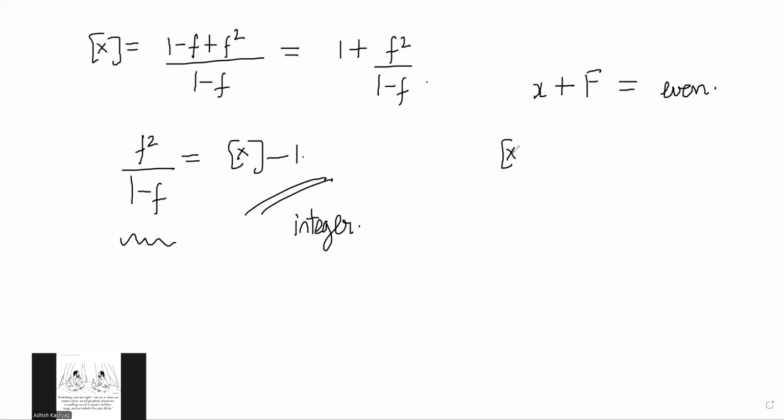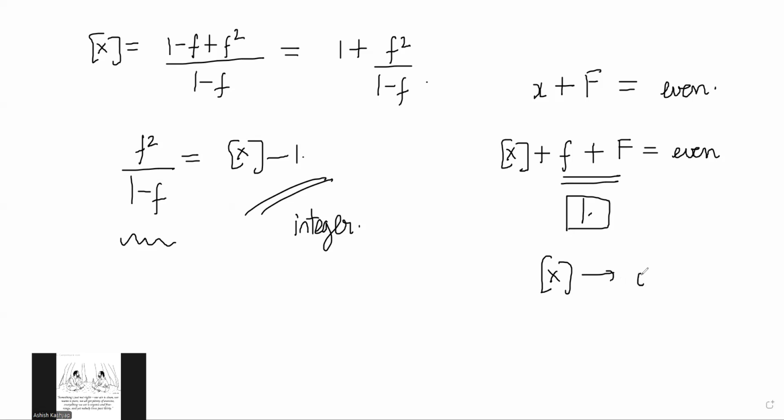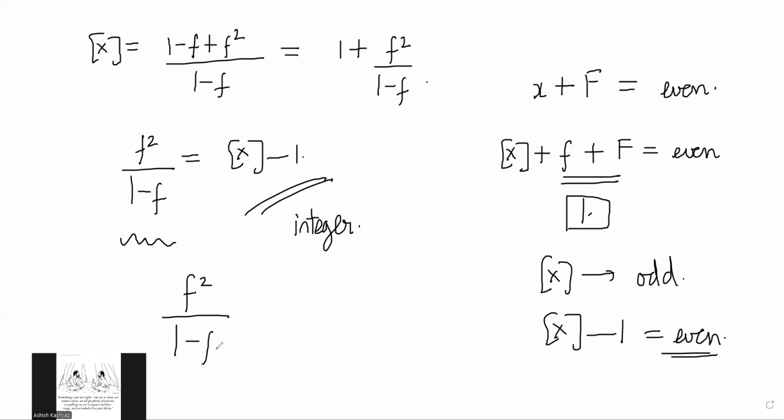And this was gif of x plus fractional part of x plus F, which was even. And we know that this is 1. So therefore, we know gif of x is odd. So gif of x minus 1 is even. So this basically f squared by 1 minus f is an even number.